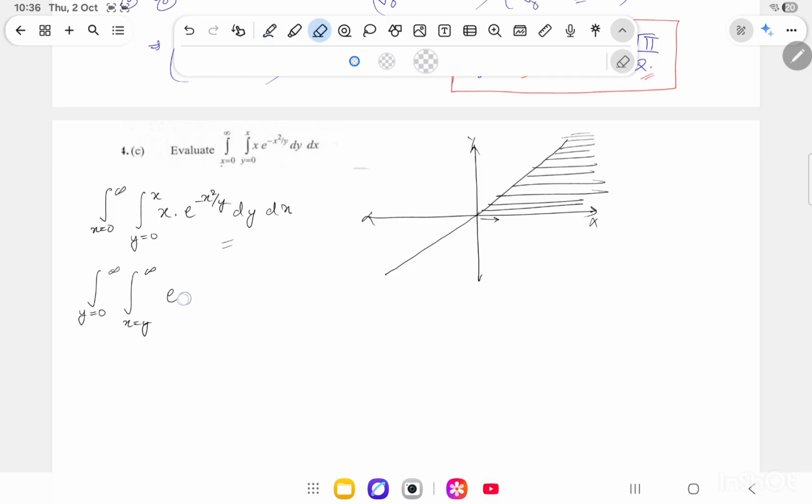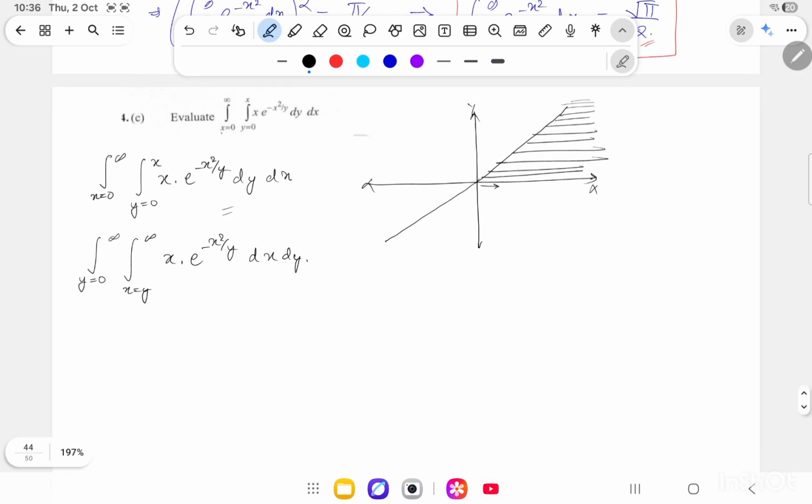We are integrating x times e raised minus x square by y. It will be dx dy this time because we changed the order.